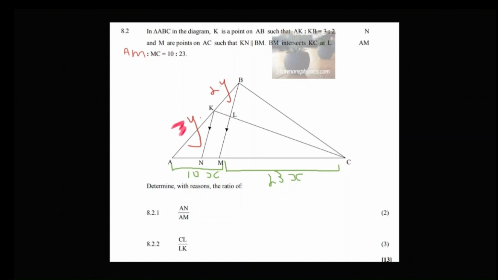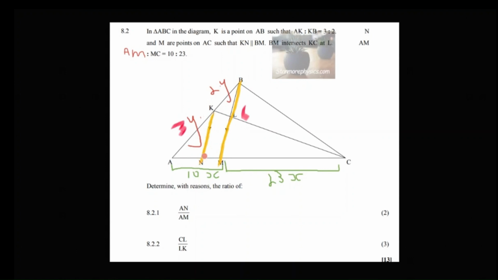Before we begin, we just want to go back and interpret this diagram. We want to see what's going on. So we have parallel lines. KN is parallel to BM. Please make sure you read your question carefully. KN is not parallel to LM. KN is parallel to BM. But before we continue, this is so important to remember, guys. Since KN is parallel to the entire line of BM, KN will also be parallel to LM.